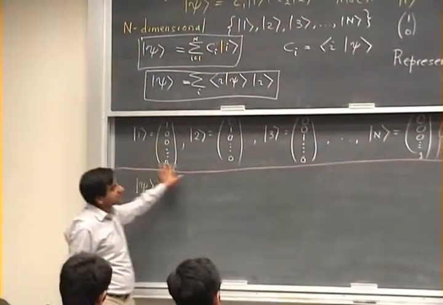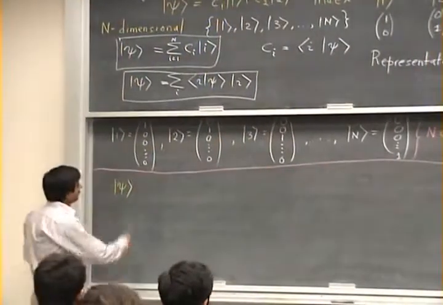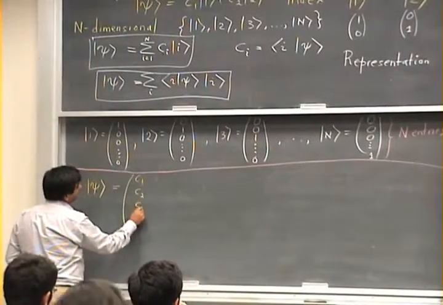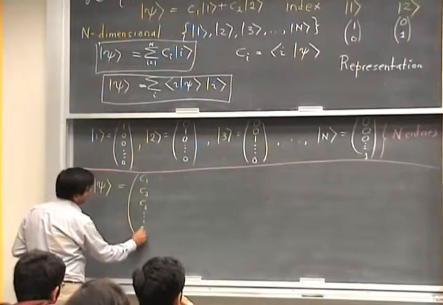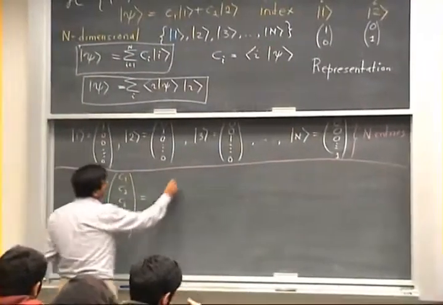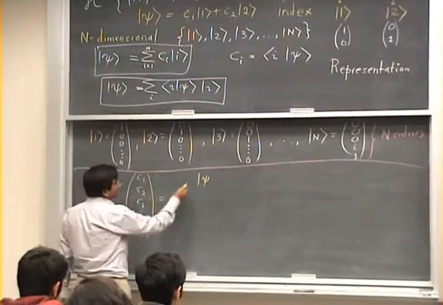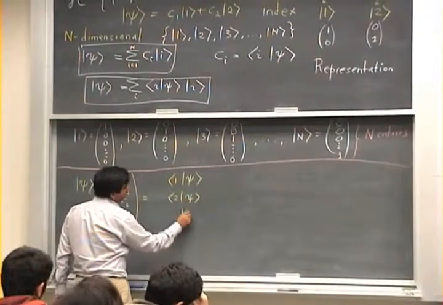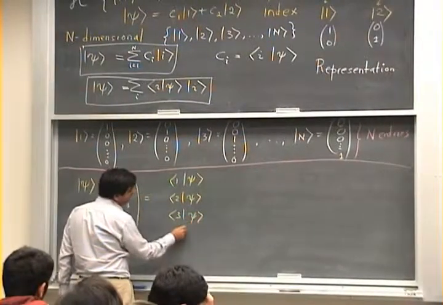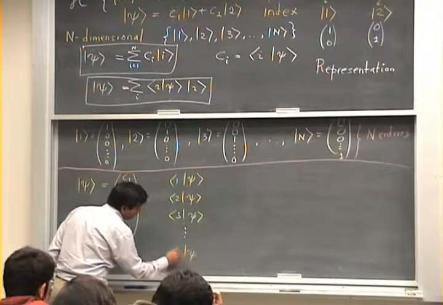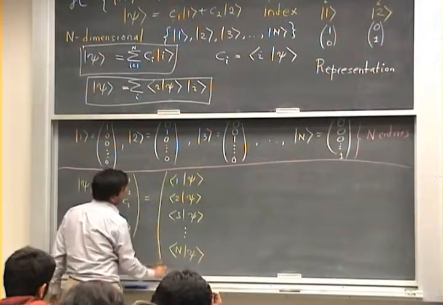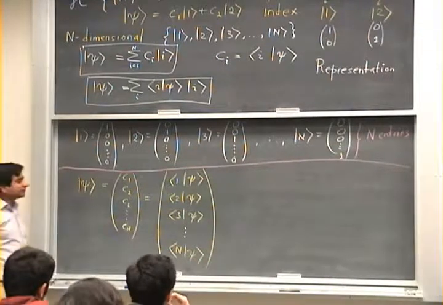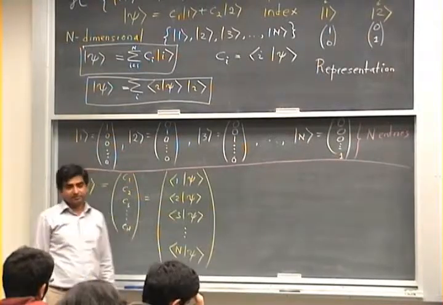So in this representation that we've chosen out of our desire, the quantum state psi becomes C1, C2, C3 up to Cn, right? And these C's are simply the inner products of the state with ket 1, inner product of the state with ket 2, inner product of the state with ket 3, and so on. Okay? Any confusions?